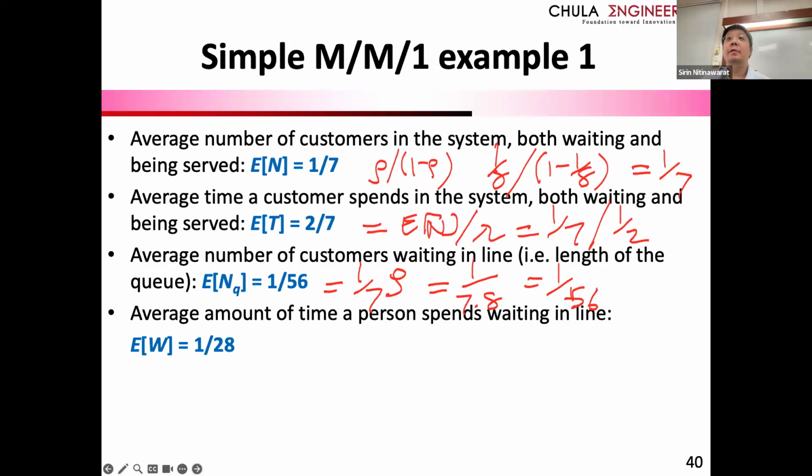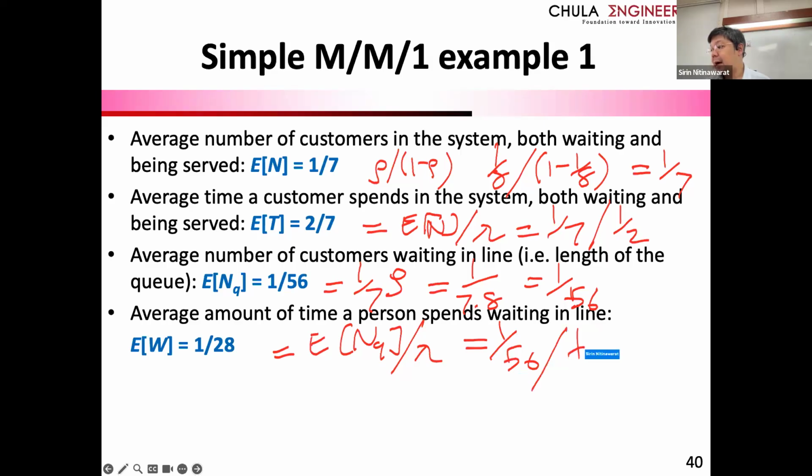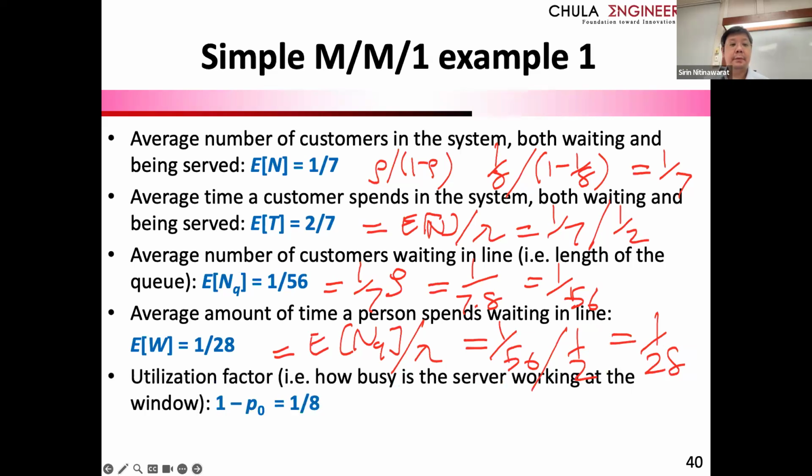Knowing E of NQ, how can I derive the waiting time? Again, Little formula only applied to the queue. So that would be E of NQ divided by lambda. 1/56 divided by 1/2, that's 1/28. Utilization factor, how do I define that?